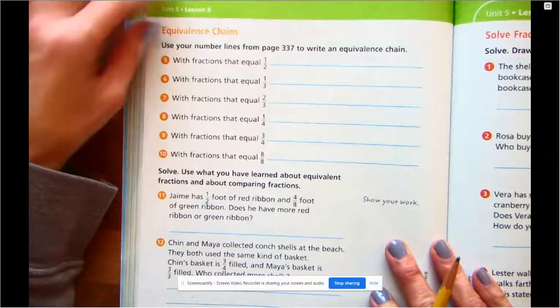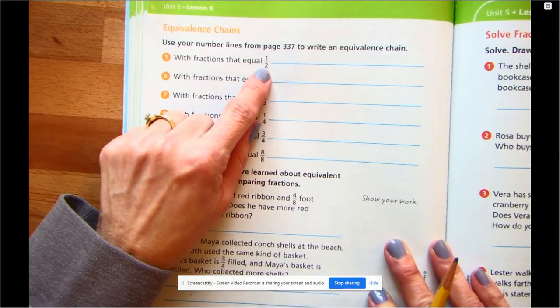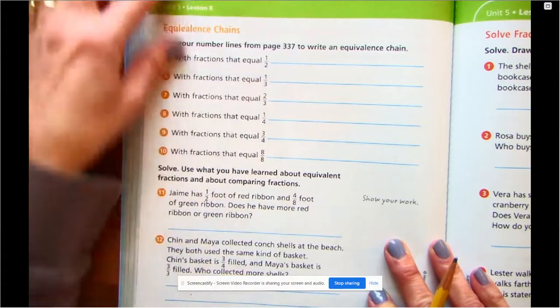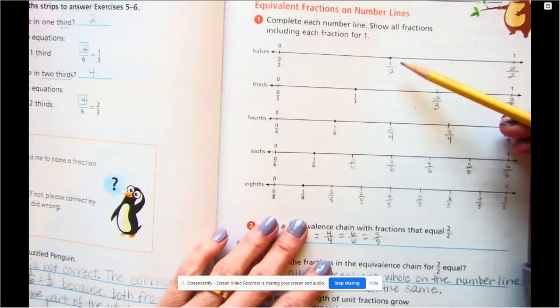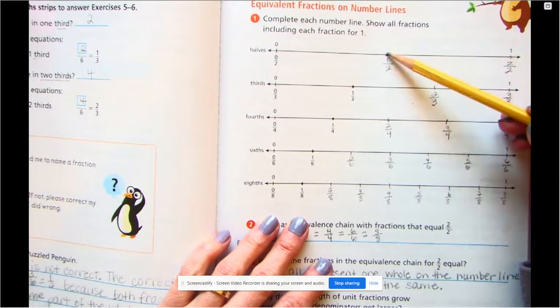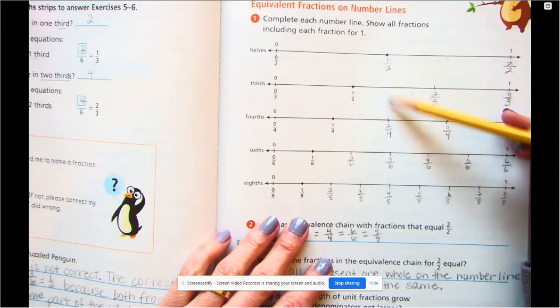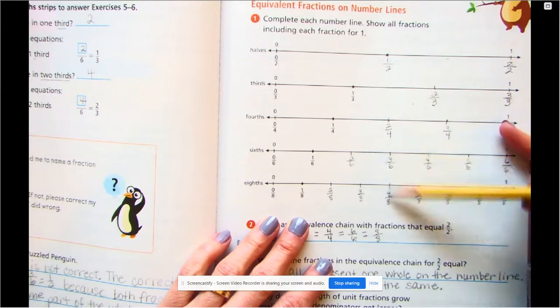Okay, so let's think. We're going to write an equivalence chain with fractions that are the same or equal to 1/2. So if I go back and look at all of the fractions that are equivalent to 1/2, that means they take up the same amount of space, right? So this is right in the middle, and I'm going to look down to see what other fractions are at that same point on the number line.